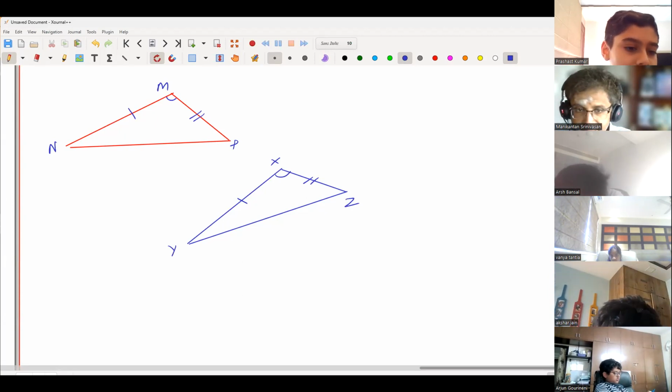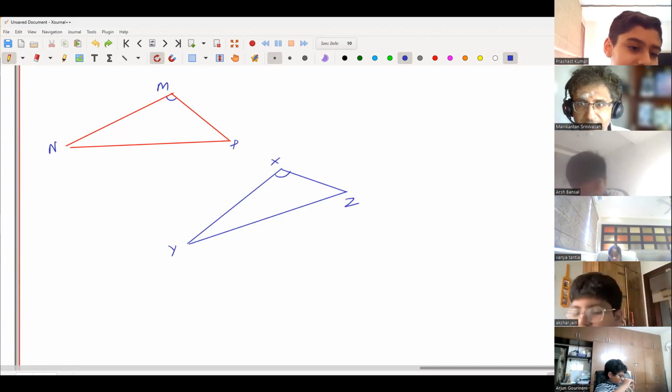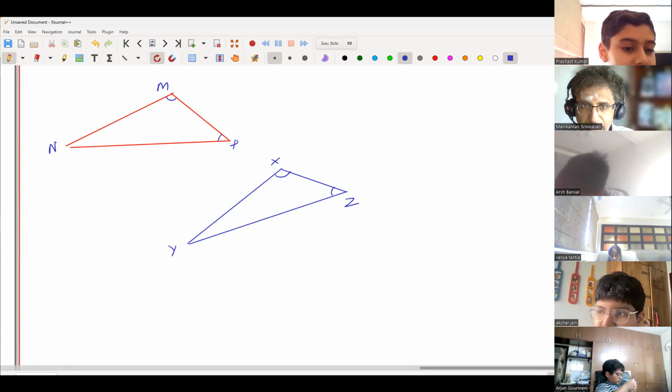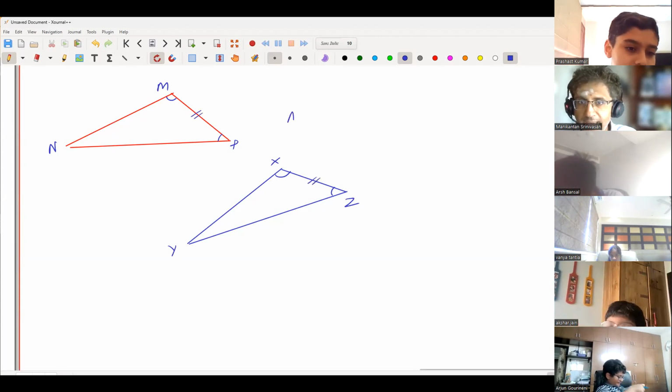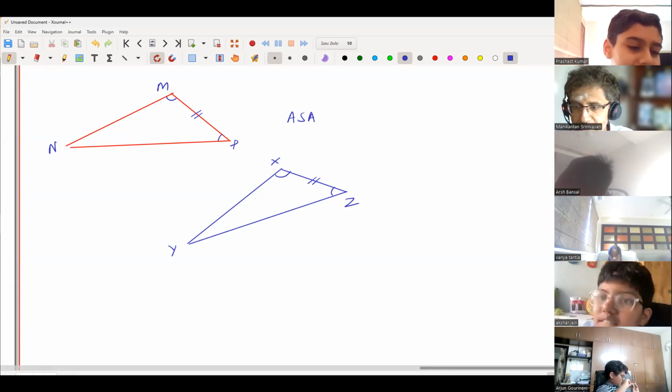Exactly the same way, now just imagine the roles of angles and sides are reversed. Angle M is given to be equal to angle X and angle P equal to angle Z, and the included side, which is MP, is given to be equal to XZ. Then it's called the ASA property. Angle, side, and angle. Does it make sense, Sukrit?